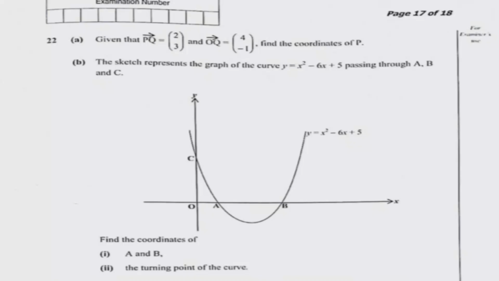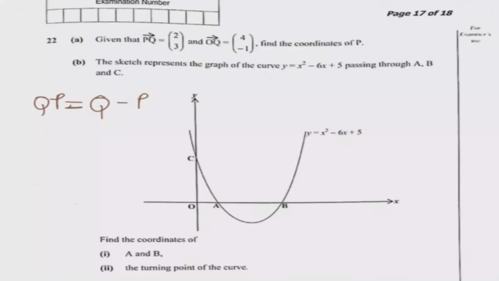So to find the coordinates of P, we're going to come up with the expression QP is equal to Q minus P. Now we write the vectors for these points.